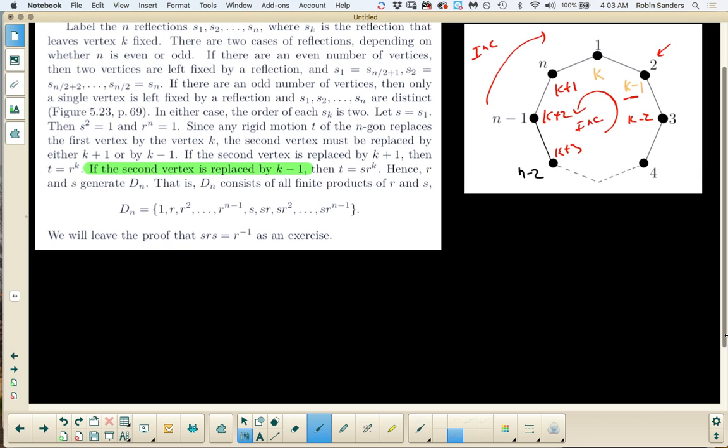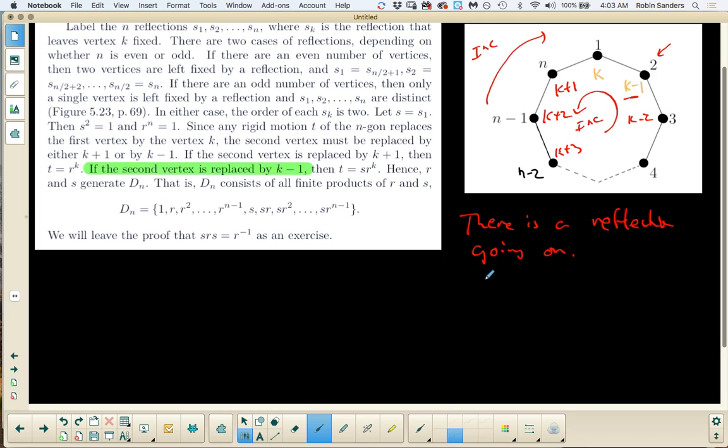Well, the question is what reflection? So we need to understand that there is a reflection going on.